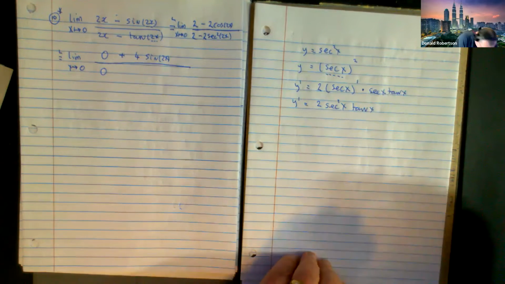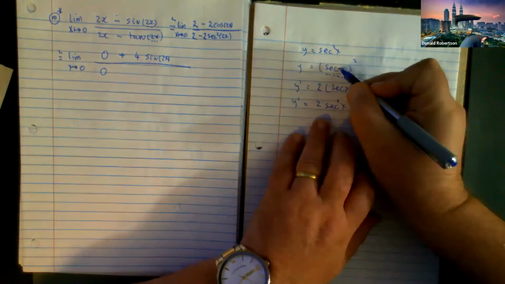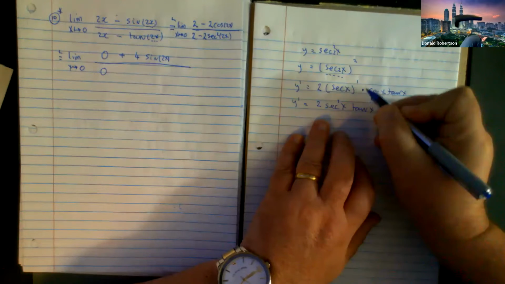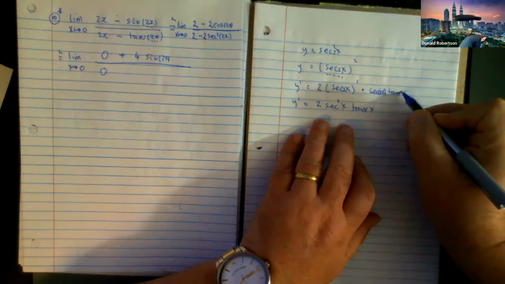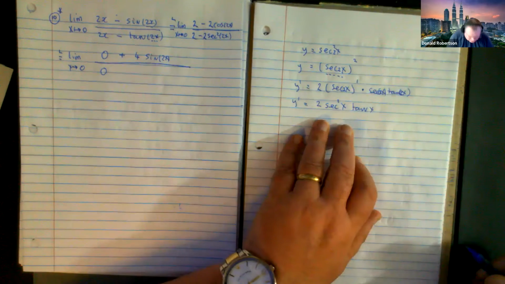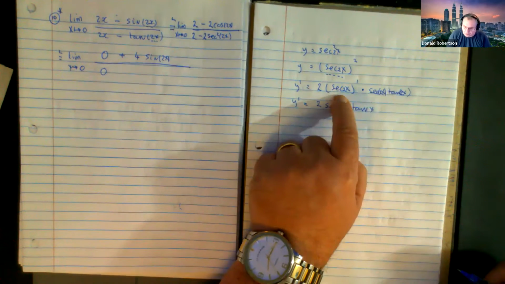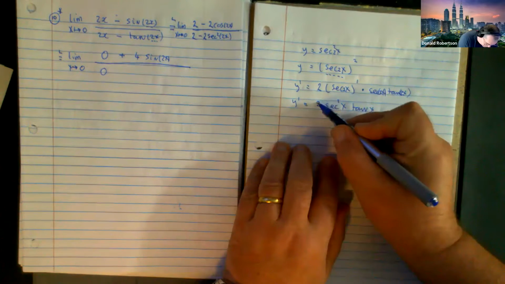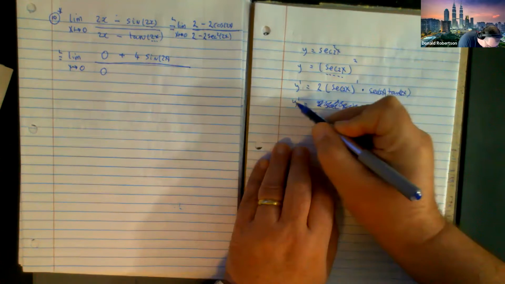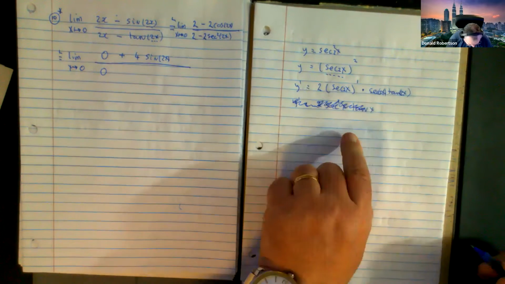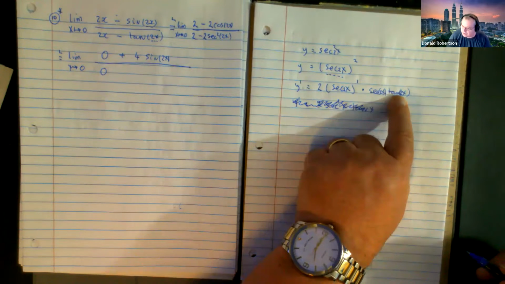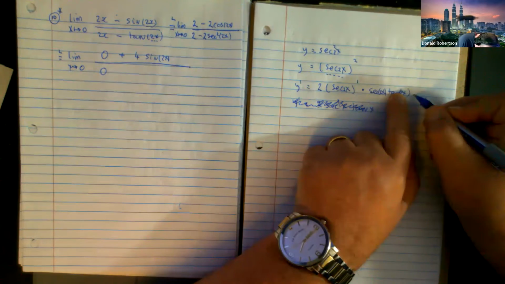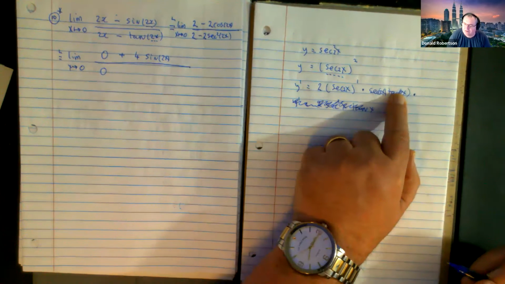Oh, darn it. There's a 2x here, right? When you differentiate the secant of 2x, you get secant 2x, tan 2x, right? Secant tan. And you also get what?